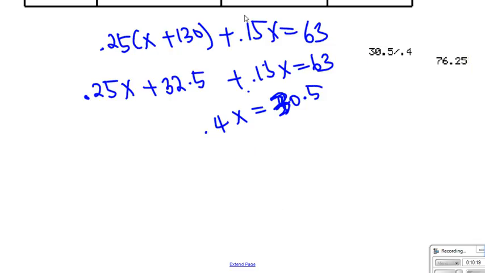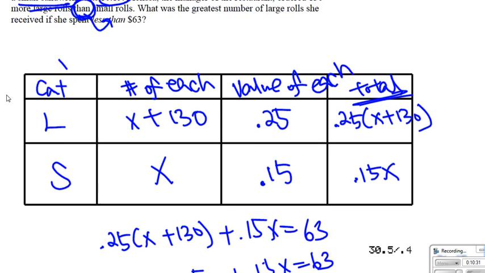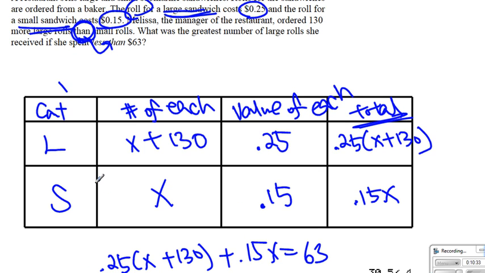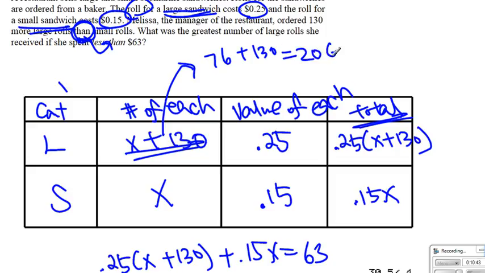So here we have x equals 76.25. That means up to 76. If we could have small rows, now that means large becomes 76 plus 130. We change it in 206.